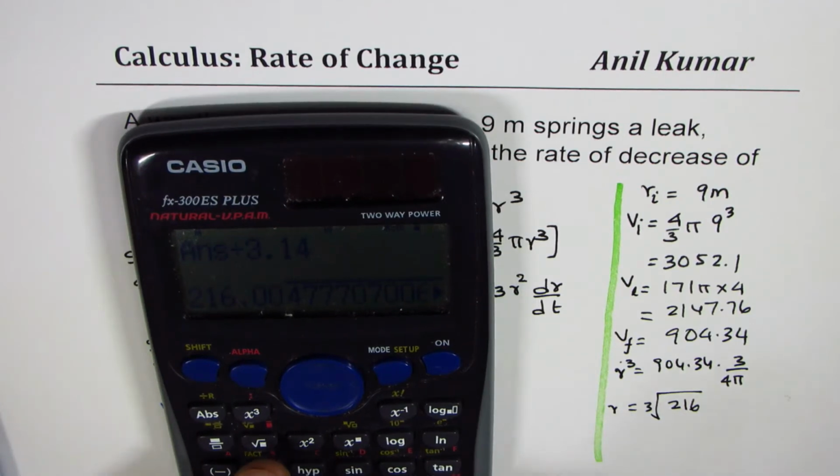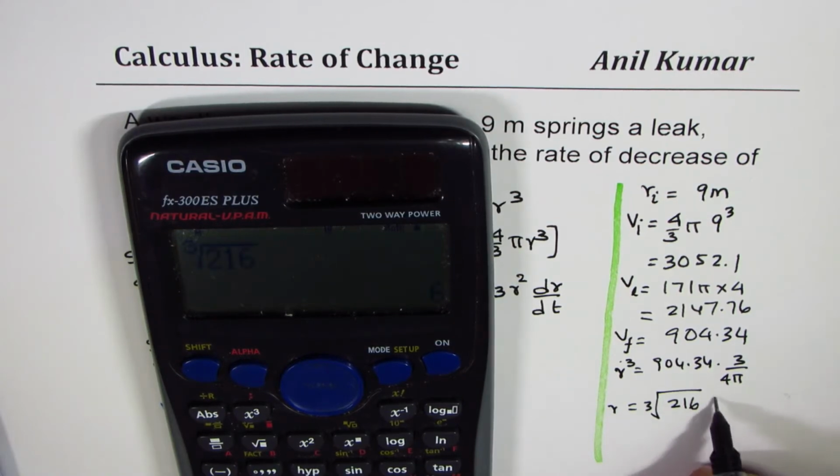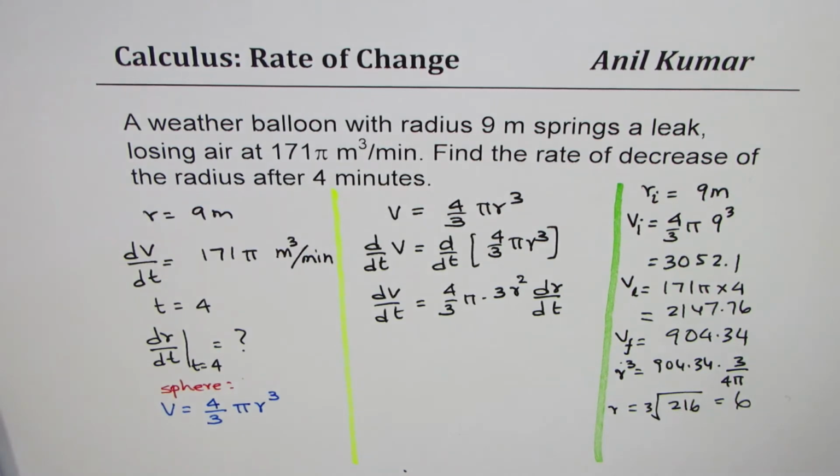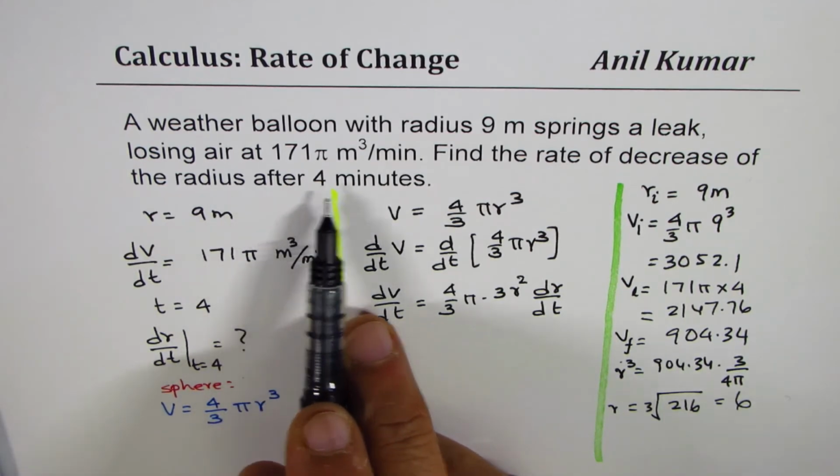Okay, so now we do the cube root of 216, and we get 6 as the radius. Well, that is a lot of calculations. There could be a shorter way also, but anyway, at least this works, correct? So we get r equals 6 after 4 minutes.